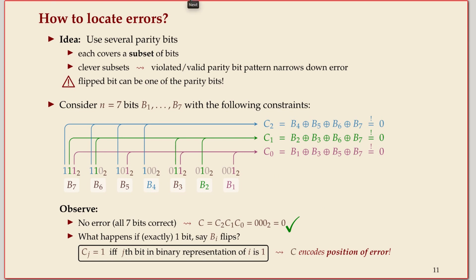That's just another way of saying that if you represent this 3-bit number C as a decimal number, the checking bits simply encode the position of the error if a single bit error has occurred, where 0 is included as no error, and anything between 1 and 7 indicates an error at that bit. And that's it. That's the Hamming code.